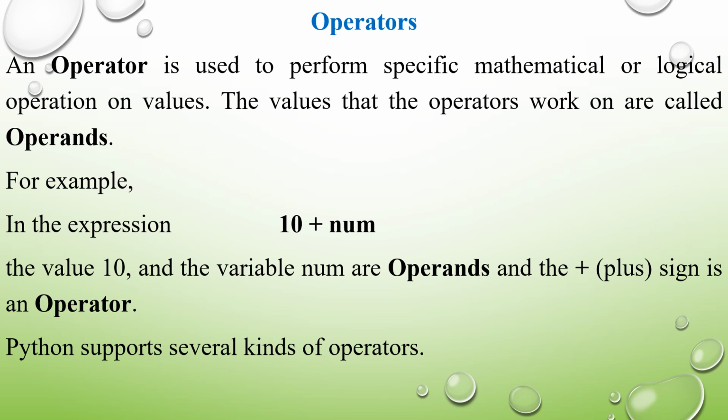The operator is used to perform a specific mathematical or logical operation on the values. Here 10 plus num says that it has to perform an addition of 10 along with the value which has been stored in a variable num. Python supports different kinds of operators.